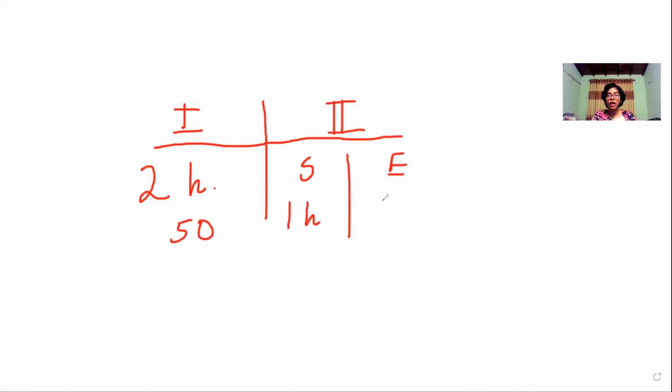And for essay, you have 2 hours. So within an hour, you'll have to answer 4 structure questions. And within these 2 hours, you'll have to answer 4 essay questions out of 6. For structure, you can't choose. But for essay, you have a choice.